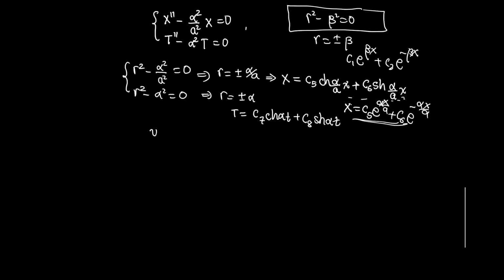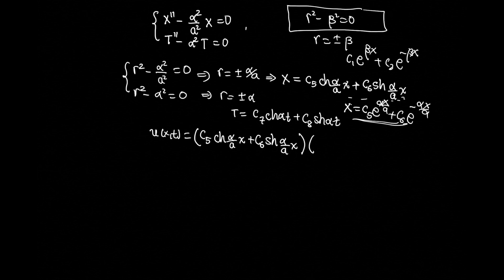Then we get u of x and t is going to be C5 cosh of alpha x over a plus C6 sinh of alpha x over a, multiplying C7 cosh of alpha t plus C8 sinh of alpha t. Usually in the textbook they write it out like this, hyperbolic, but I just keep it short and write like this.